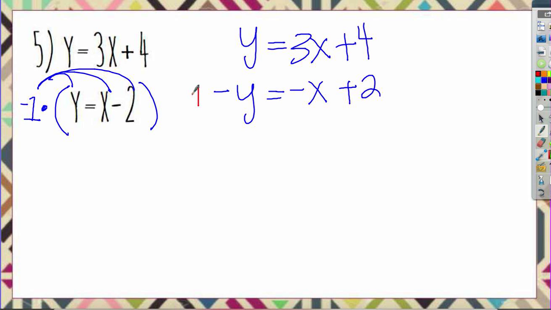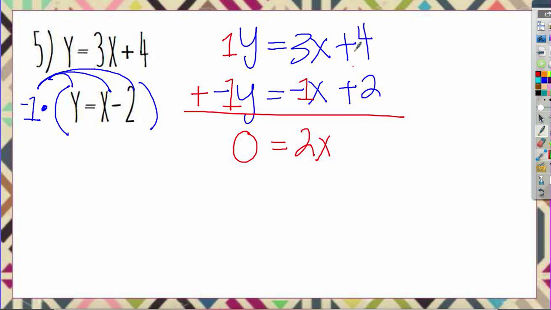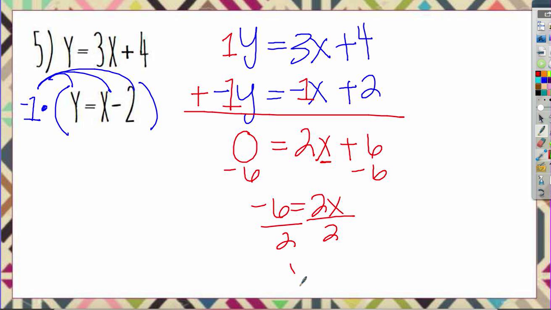I'm technically adding the two equations. 1y plus -1y just leaves me with 0, because there's no y's left. 3x plus -1x leaves me with 2x. 4 plus 2 leaves me with a +6. Now it's just an x, so I can solve for it. If 6 equals 2x, then x is equal to 3.